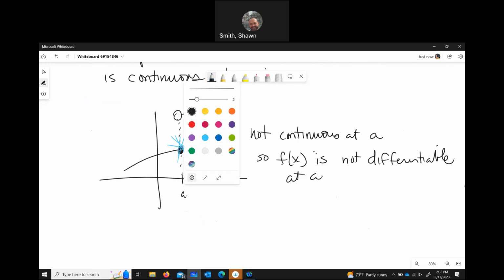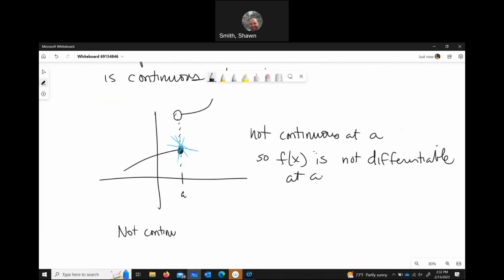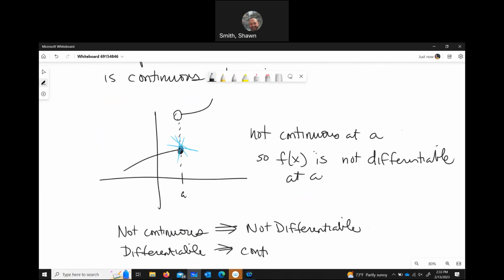So this is not continuous, which implies not differentiable. Differentiable implies continuous.